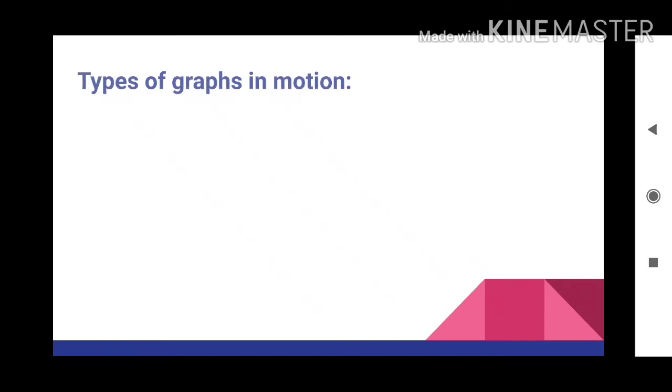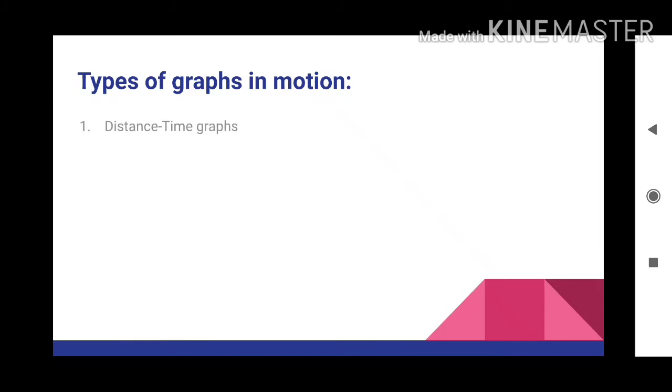Moving on, types of graphs when we learn about motion. There are many types of graphs depending upon the type of motion. For oscillatory motion, the graph will differ. For vibratory motion, the graph will be different. But since we are learning about rectilinear motion or curvilinear motion, which in general is known as translational motion, there are three types of graphs which are of major concern here.